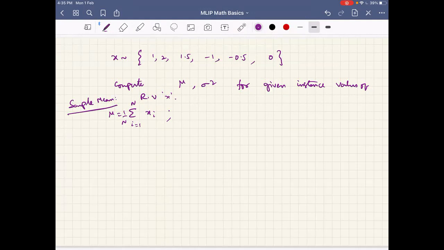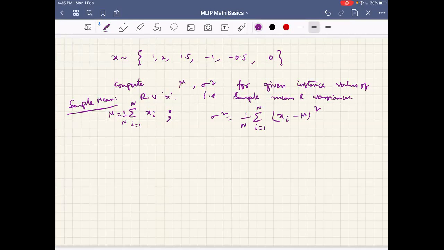Compute the sample mean and variance. Here we assume uniform probability, each may occur with uniform probability. The variance expression is summation of (xi minus mu) whole square, i equal to 1 to n, times 1 by n. These are the sample mean and sample variance.